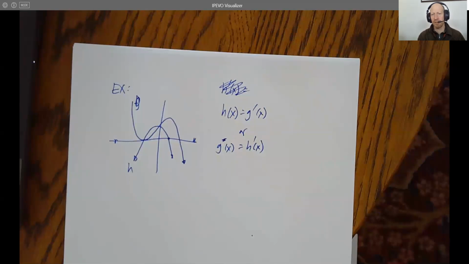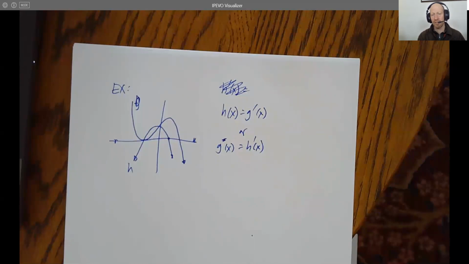Remember, the derivative is always outputting the slope of the tangent line to the original function. The outputs, right, are the y values.